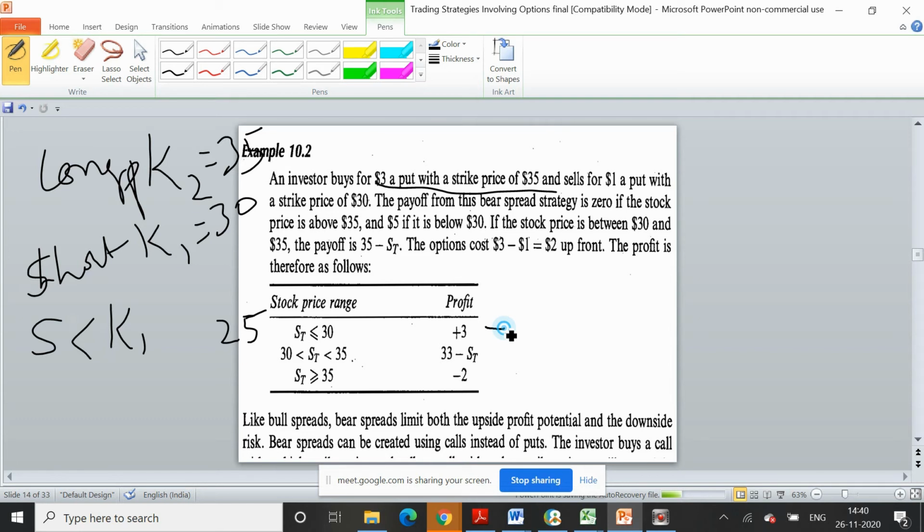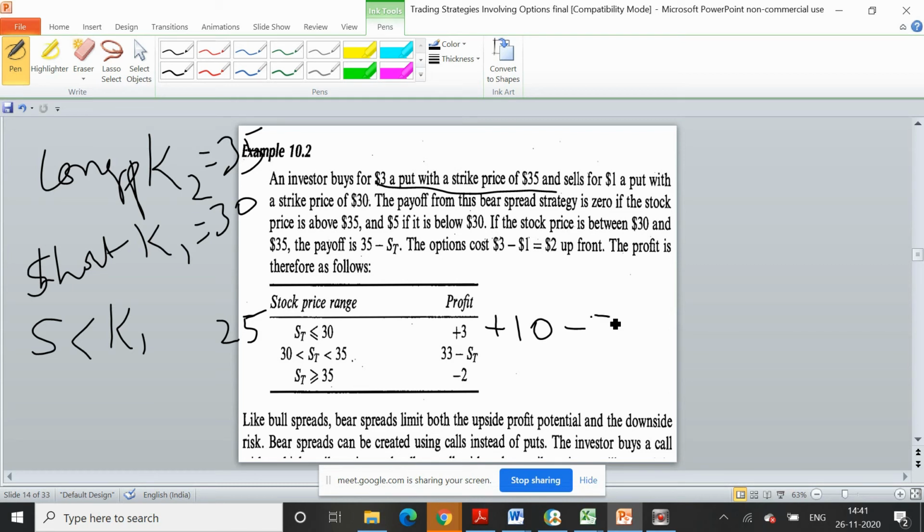And in case of the short put, what will happen? The other person has the right to sell. Whether he sells it in the market for 25 or exercises the contract to sell it at 30, he will exercise the contract. And you will incur a loss of 5 from that.